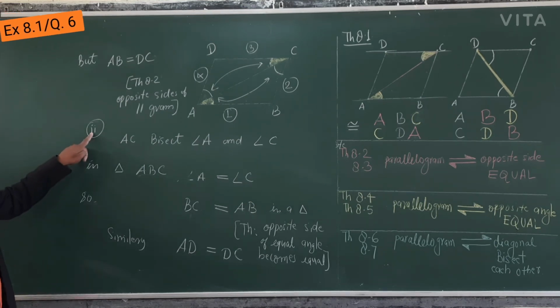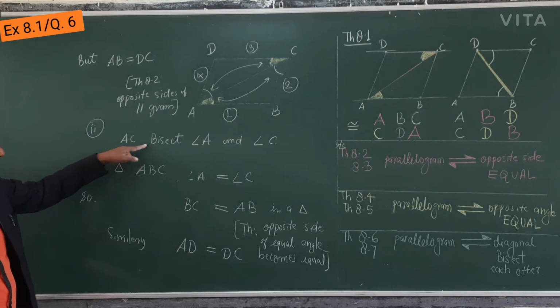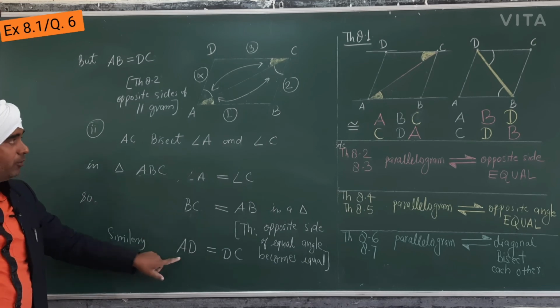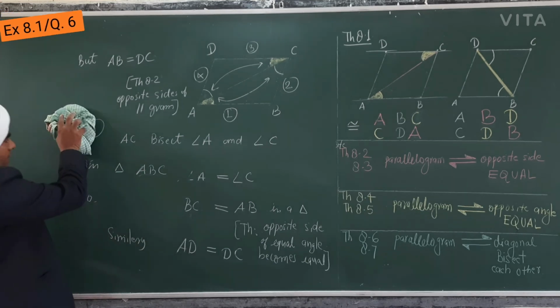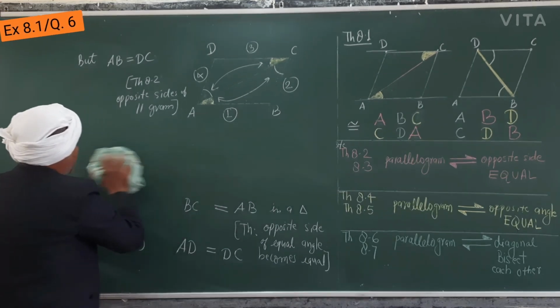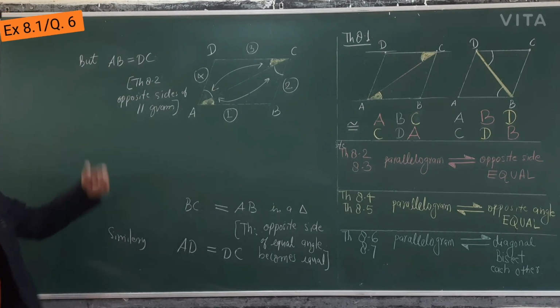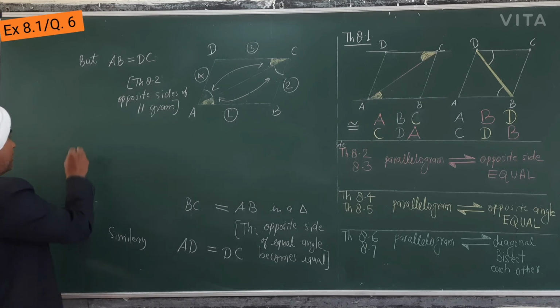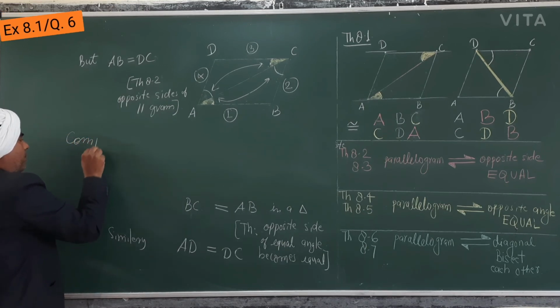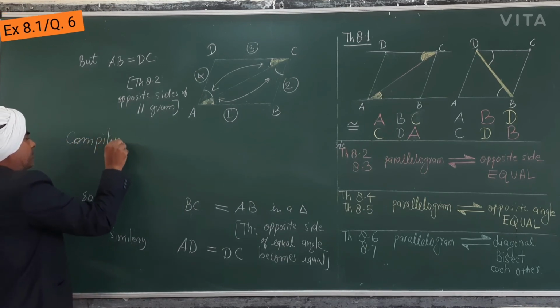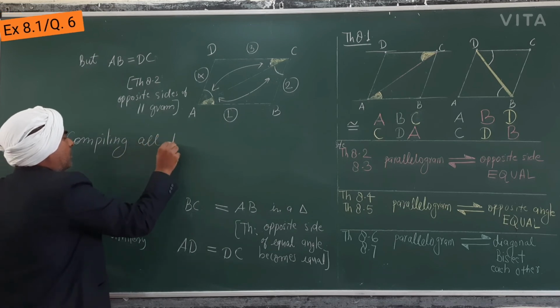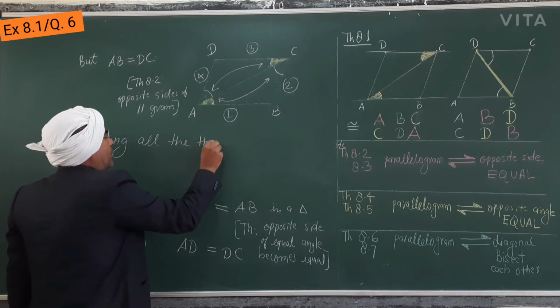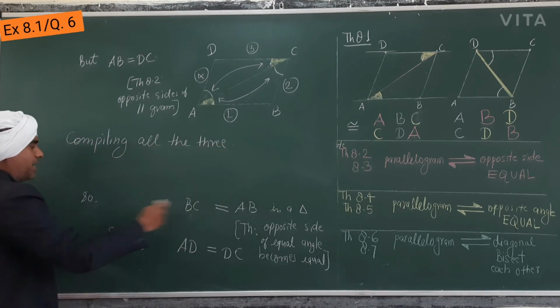So in the second proving, first line, second line, third line, fourth line, and this is the fifth line. I will erase it, and you have got the proof. Compiling all the three, what will you get?